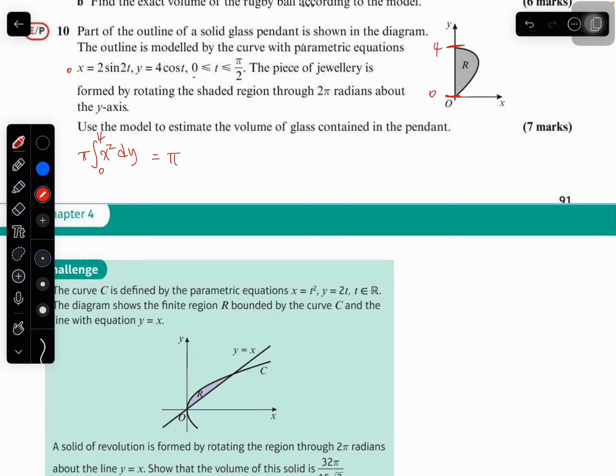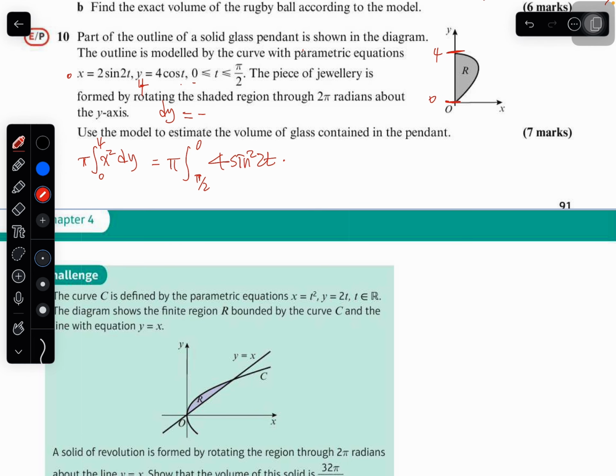So now this makes the boundary of t: when t equals 0, y equals 4, and when t is pi over 2, y equals 0. So x squared is 4 sine squared of 2t, and dy becomes negative 4 sine t dt.